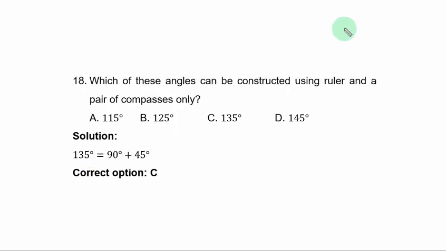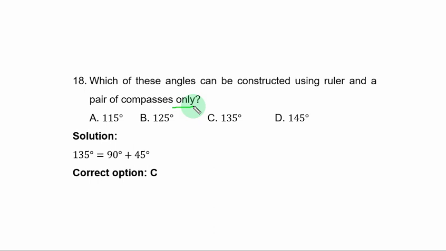Question 18. Which of these angles can be constructed using a ruler and a pair of compasses only? From construction, we have certain angles that can be constructed easily, such as 30 degrees. You have to bisect 60. You can construct 45 by bisecting 90 degrees.